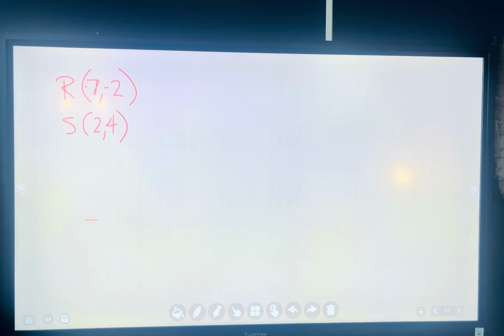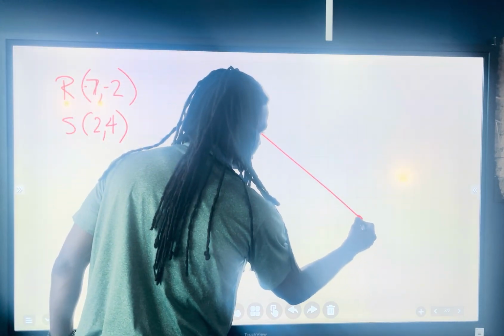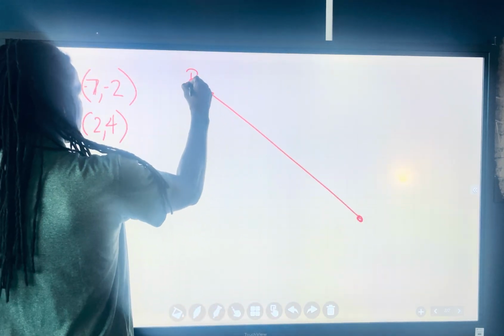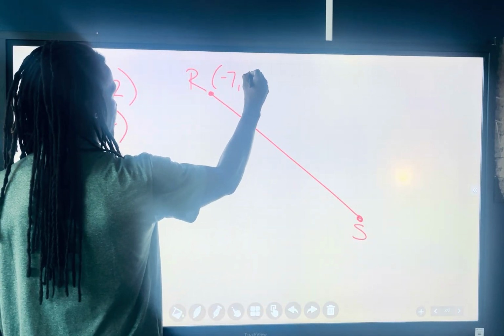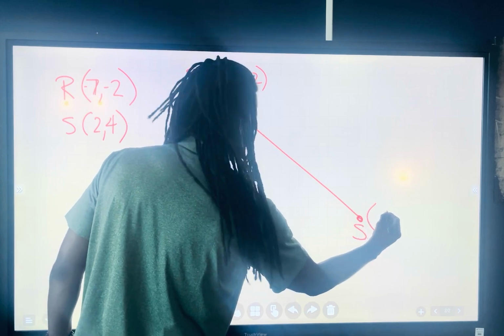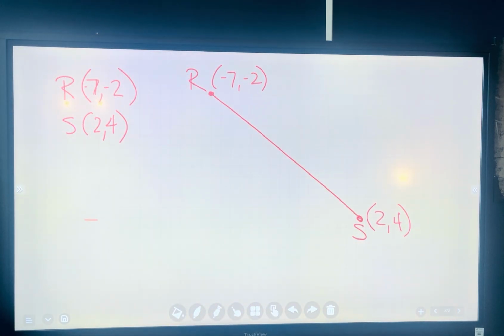They want you to find Q. I'm not going to draw the plane out due to time, but it's similar to this. If we had R here, S here, this was -7, -2, this would have been 2 and 4, right? And we need a ratio of 2 to 3. They want the ratio to be 2 to 3.